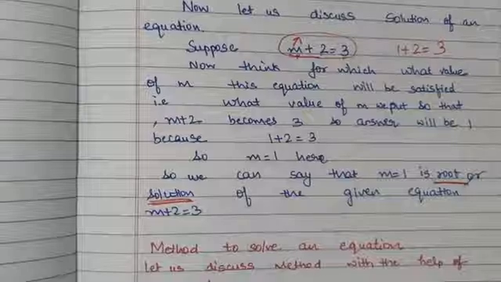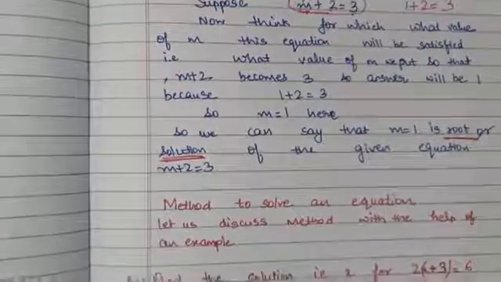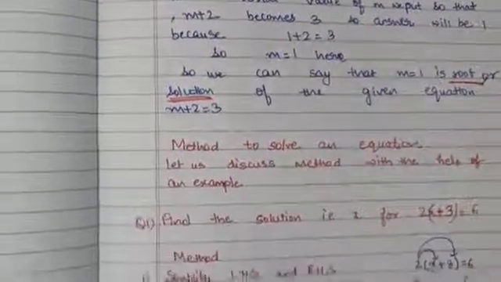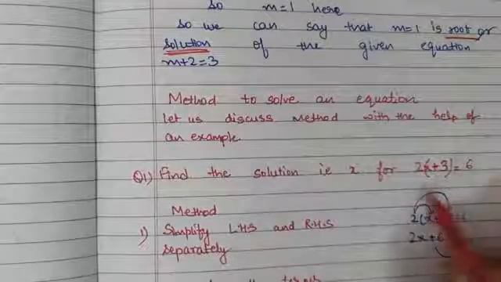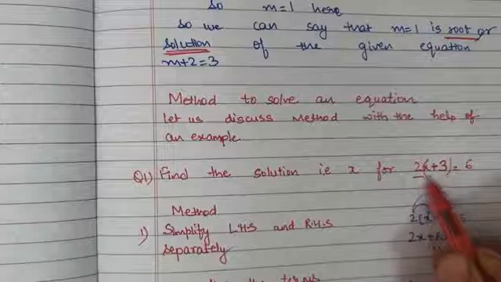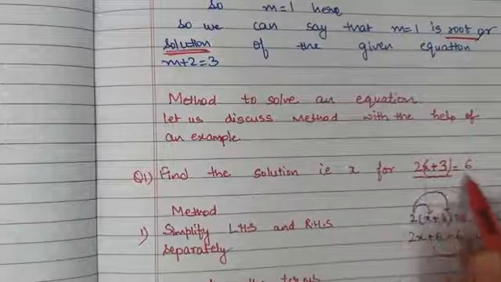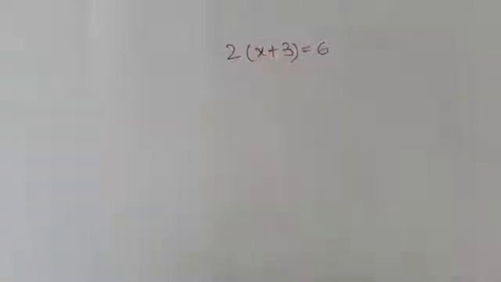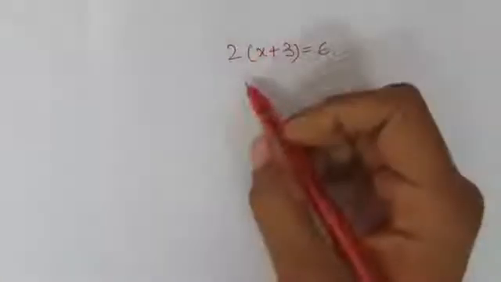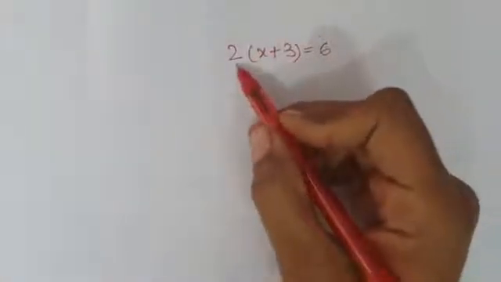Now students, let us start the method to solve an equation. The first question is 2 bracket x plus 3 is equals to 6. First of all, we will open the bracket.